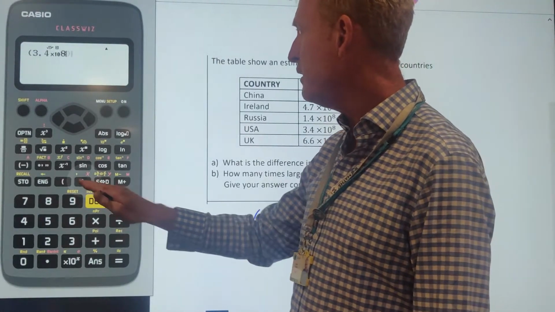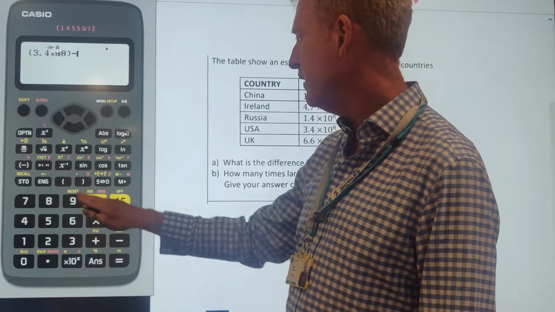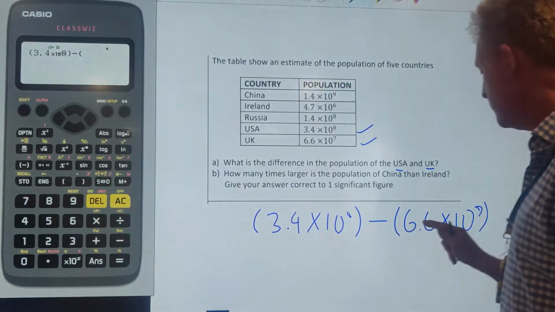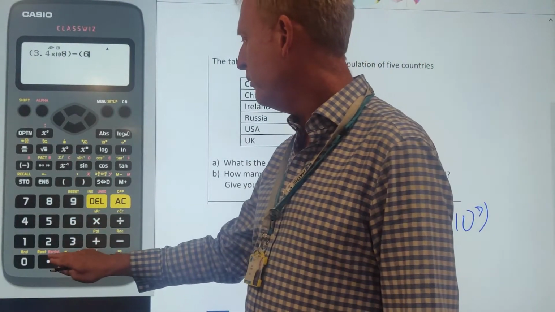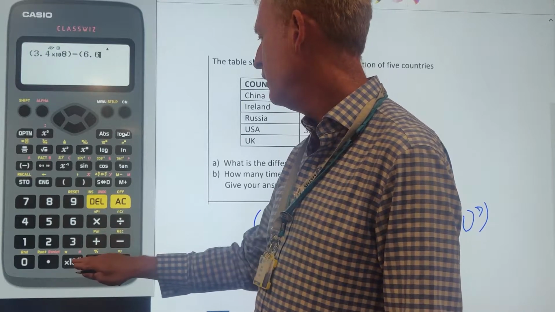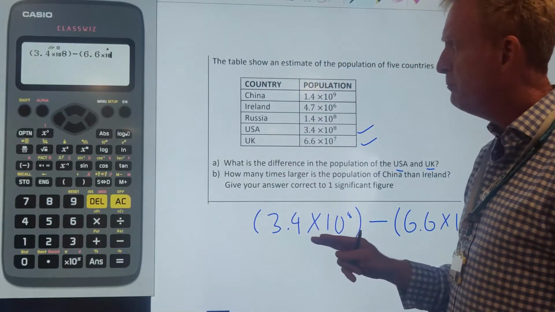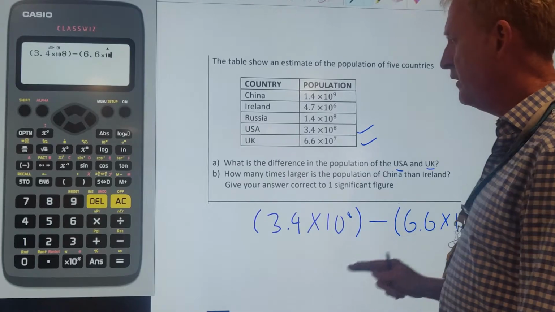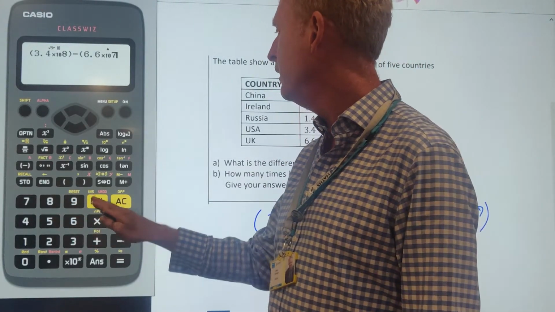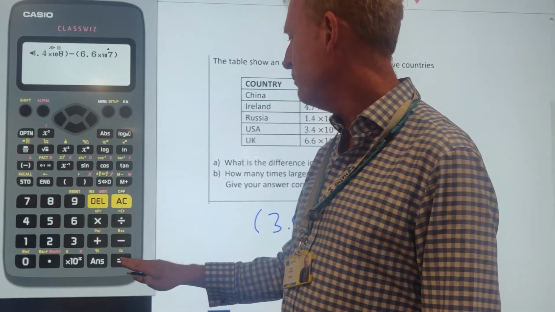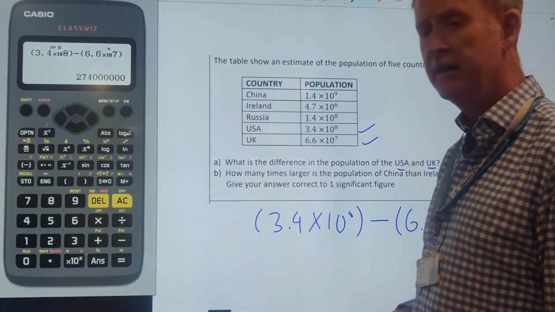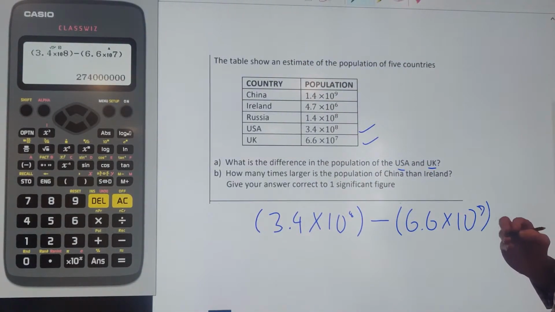I'm closing my brackets. I'm subtracting, opening my brackets again, 6.6. Standard form button again, times 10 to the power of, and this time we're going to put a 7 in. We're going to close our brackets, we're going to press equals, and that's giving us the answer.